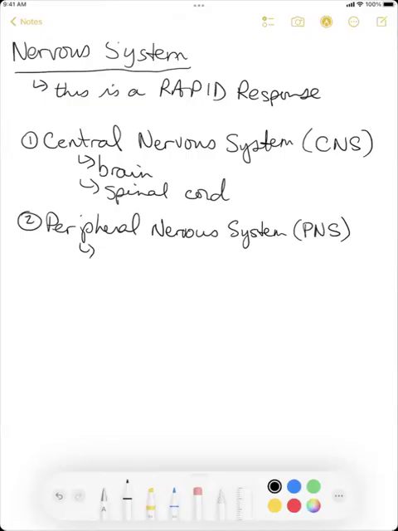This part contains the peripheral nerves, so we call those the spinal nerves, and the cranial nerves. We have 12 pairs of cranial nerves that exit through the skull. So there are spinal nerves that go to our limbs and the rest of our body, and then there are the cranial nerves that go into the face and head and neck region.